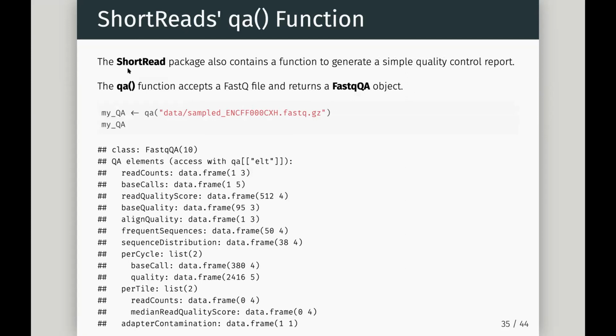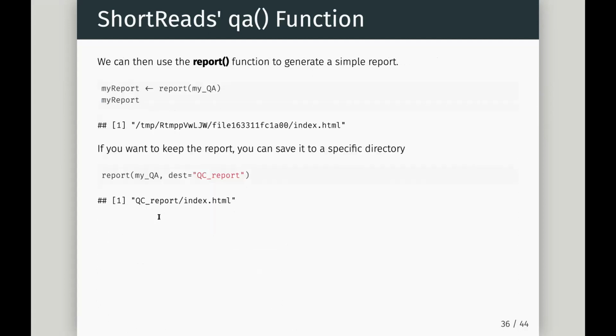But ShortRead does have a function called qa, which is their quality assurance. You just pass it the path to the FastQ file, and it will go and build a whole set of metrics for you. Importantly, it has this function report. You just pass it that object, and it will make a report on your computer into a temporary directory, and just open it for you.